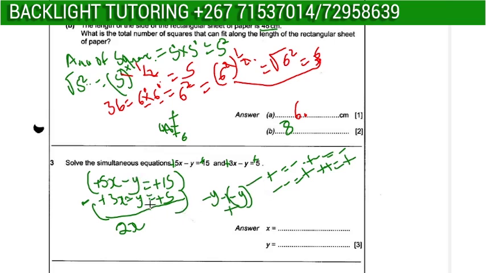So minus y plus y is going to give us 0, equals 15 minus 5 equals 10. So 2x equals 10. You divide by 2, divide by 2, your x is equal to 5.